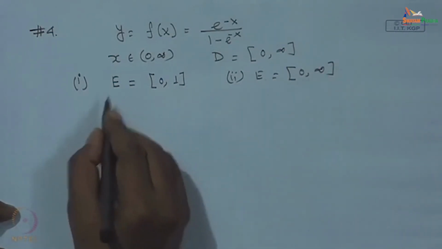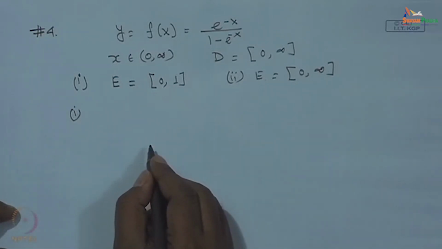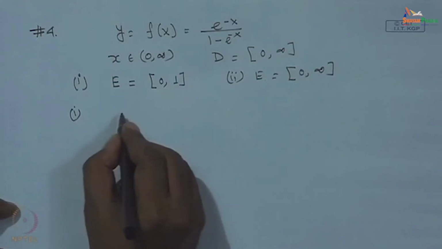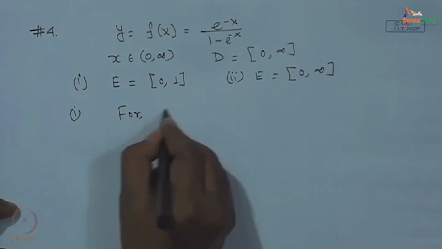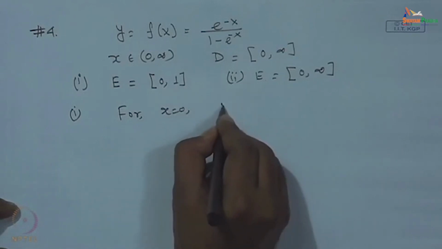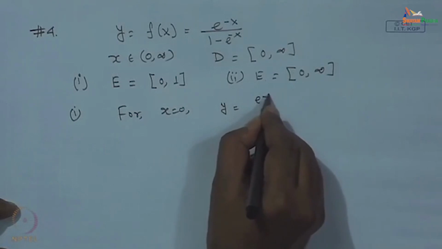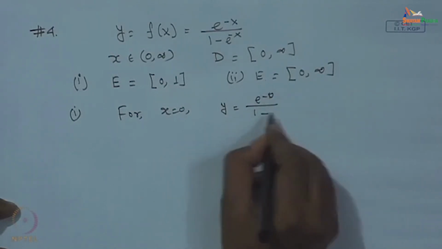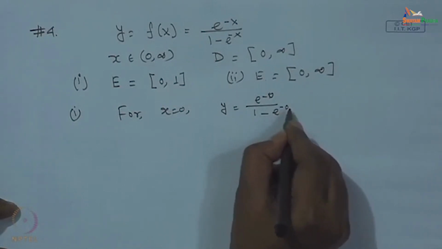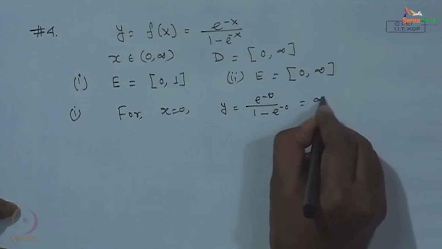Okay. Now, let us take up case 1. First, let us find the range. For x equal to 0, y is e to the power minus 0 divided by 1 minus e to the power 0. The denominator will be 0, so it will be infinity.